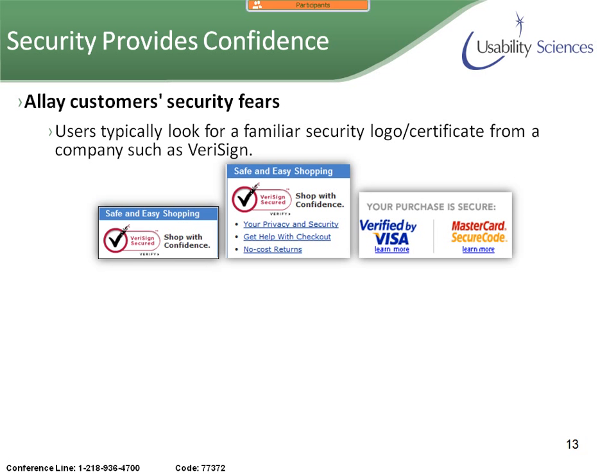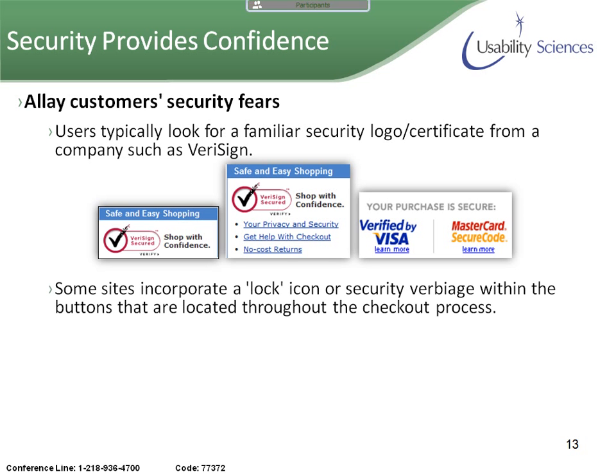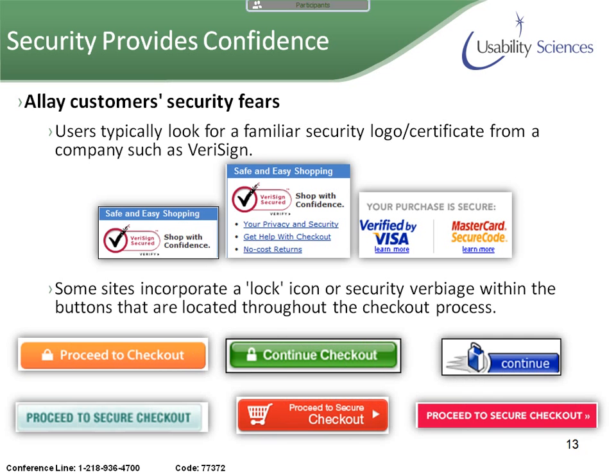Some other ways that you can show users that you're taking their privacy seriously is by incorporating some lock icons or perhaps some security verbiage within the buttons throughout the checkout process. If we take a look at these examples here, you'll see the top three examples incorporate a lock icon to show you that this checkout process is secure.